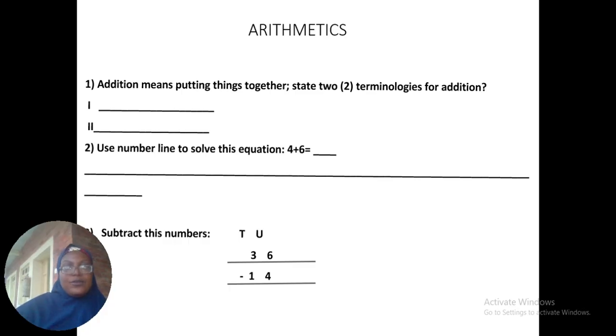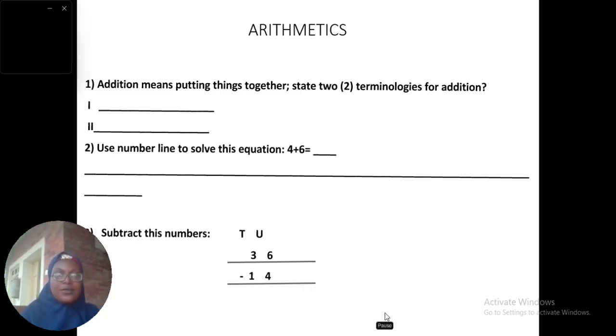If you're subtracting, you go backward. As I've said before, we use number lines to either add or subtract, and it is a straight line that shows numbers in order, from 0 to 10. So if you are subtracting, you're moving backward, but if you're adding, you're moving forward.